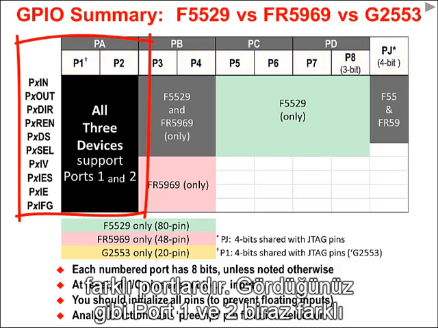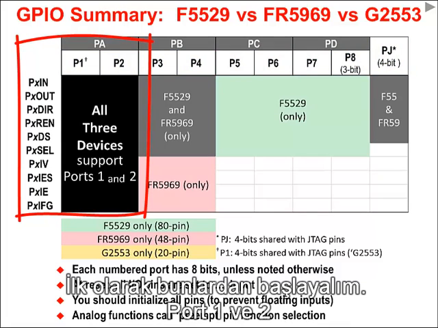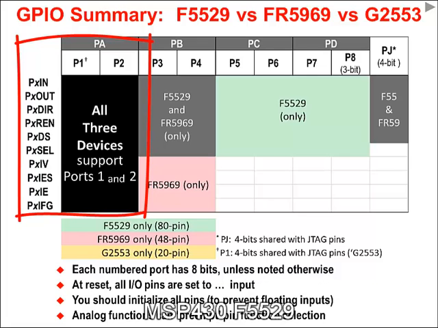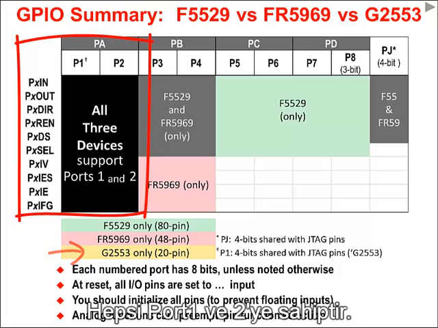As we can see, ports 1 and 2, let's start over there. Ports 1 and 2 are available on all of the 3 example devices that we're looking at here: the MSP430F5529, the FR5969, the Wolverine part, and then the value line part, the G2553. They all have ports 1 and 2.